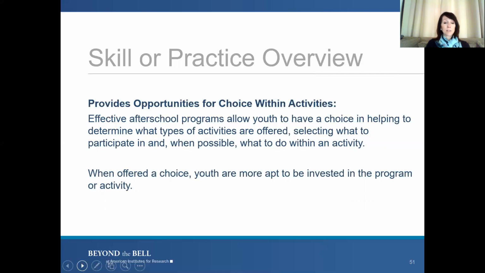When offered a choice, youth are more apt to be invested in the program or activity. And they also typically tend to have more fun. It minimizes behavior issues, and ultimately staff can really get engaged with youth on a really fun level. When youth are engaged and staff are engaged, it just makes for a much more enjoyable experience.